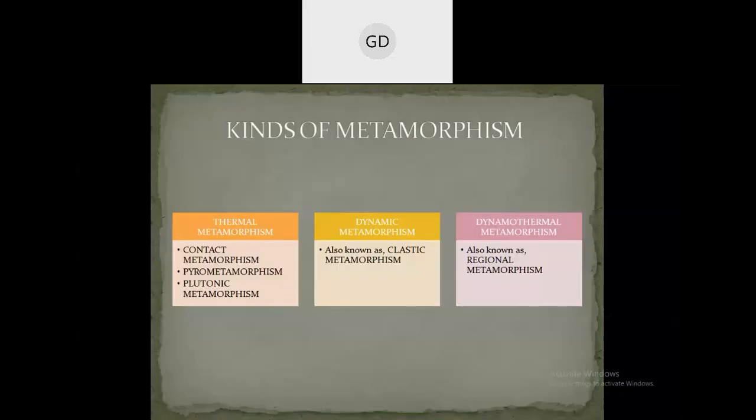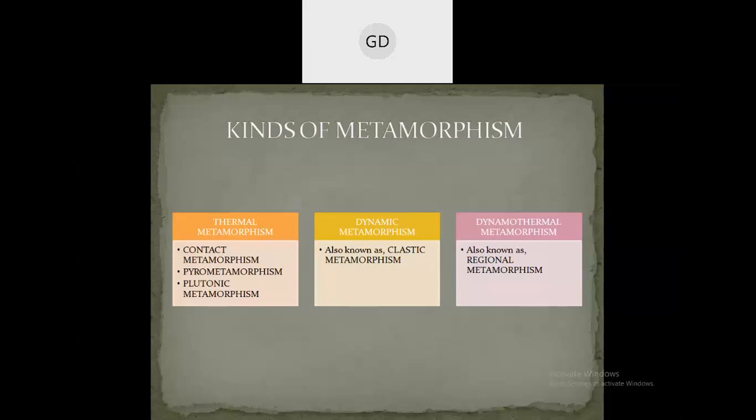Then we come to what are the kinds of metamorphism that we have. There are basically three major kinds of metamorphism: thermal metamorphism, dynamic metamorphism, and dynamothermal metamorphism.